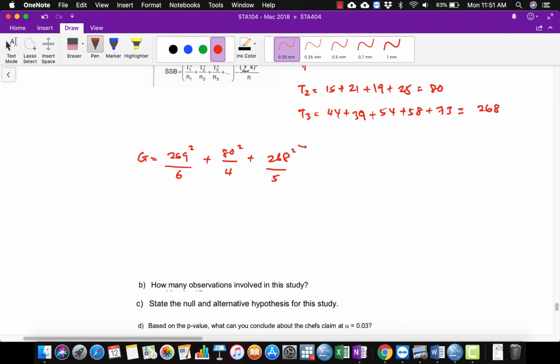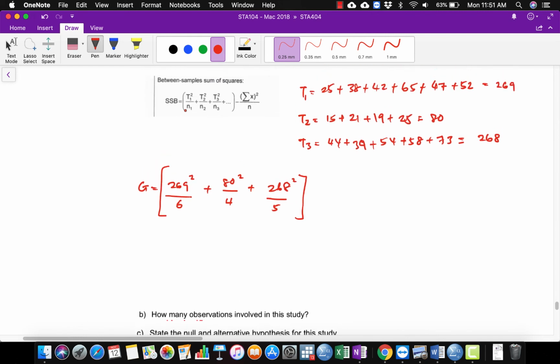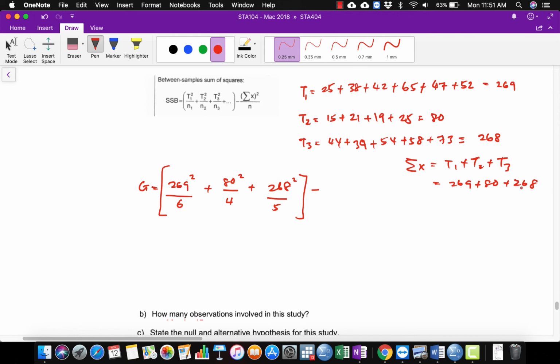So this is the first part for the sum of square between group. And we need to minus the sum of x squared. Sum of x is actually equal to the total: T1 plus T2 plus T3, which is 269 plus 80 plus 268, equal to 617.